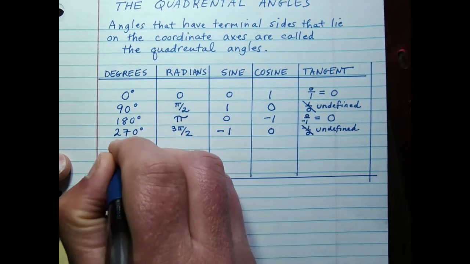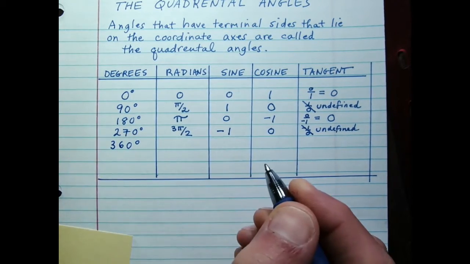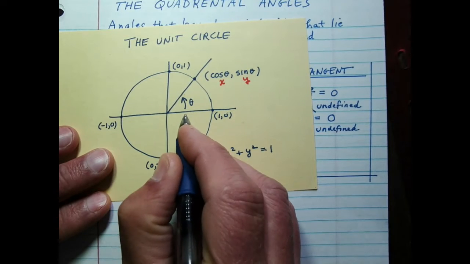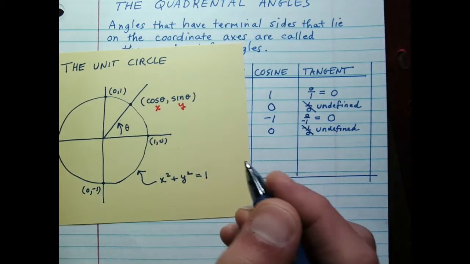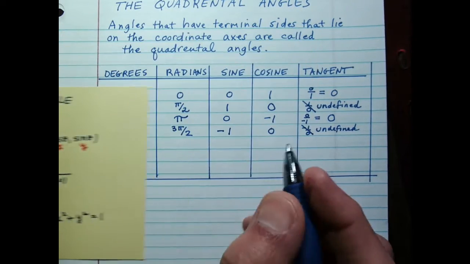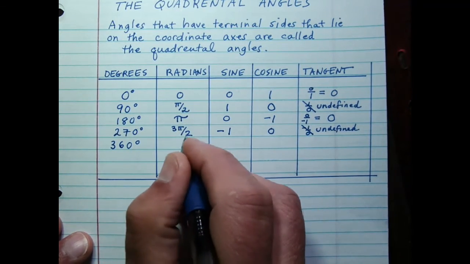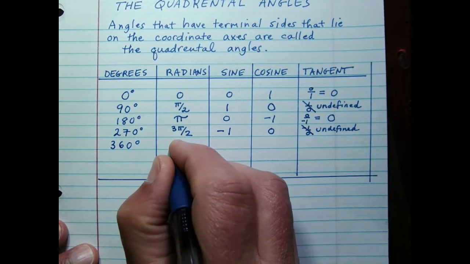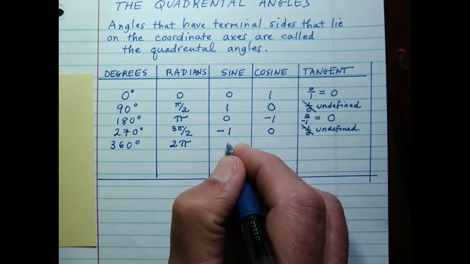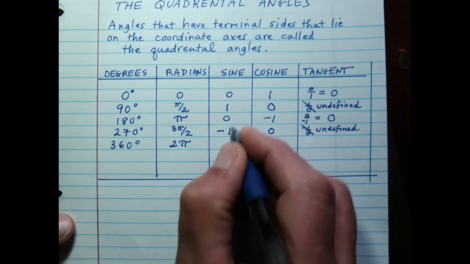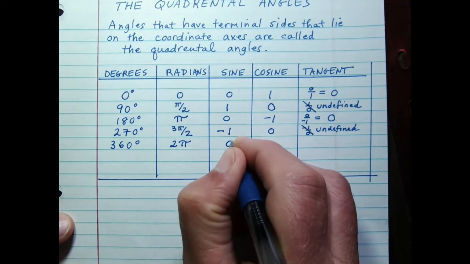So the tangent of 270 is also undefined. And we can keep going. We can go full circle to 360 all the way around. But 360 is coterminal with 0 degrees. So the sine and cosine are going to match up with 0 degrees. The radian measure of 360 is 2 pi. The sine of 360 is the same as the sine of 0, so that's 0.